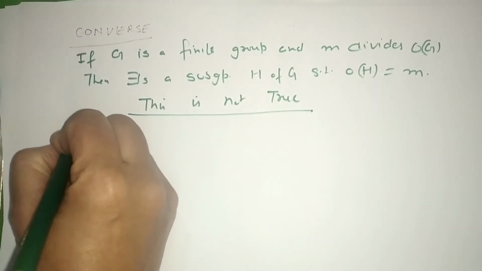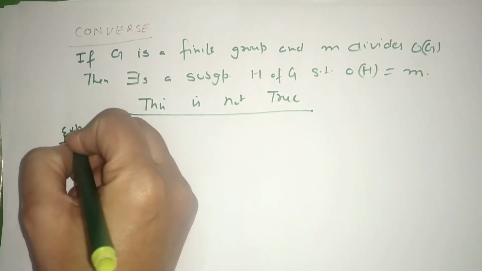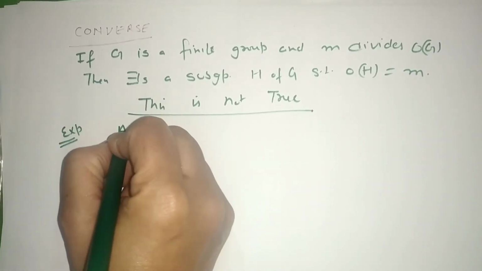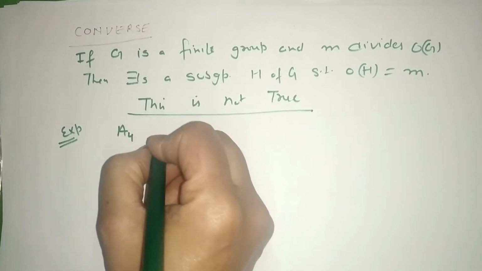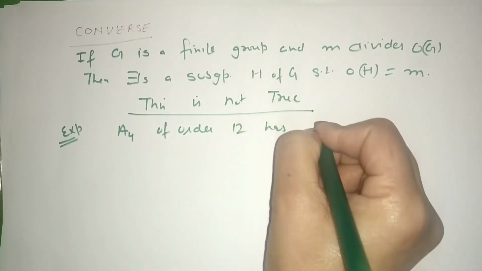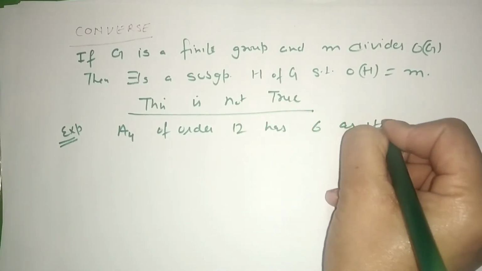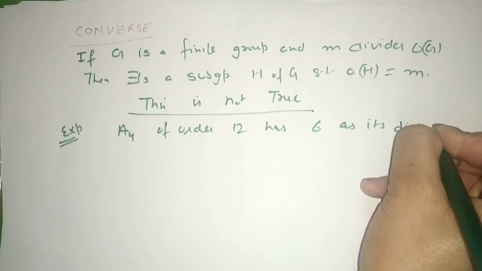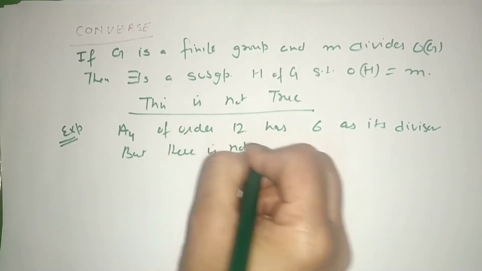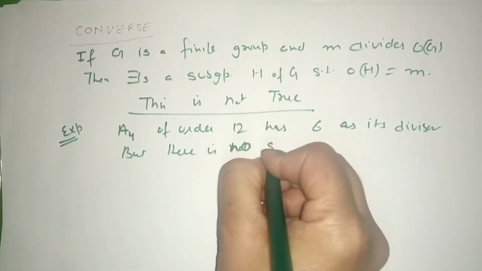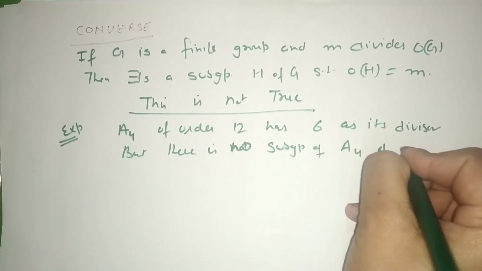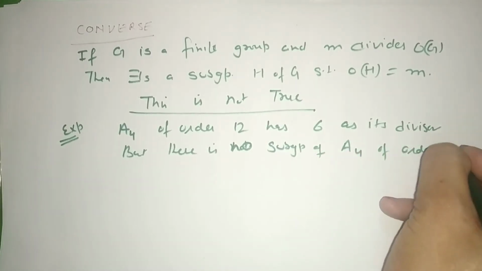For this, actually we will take examples at a later stage, but here you can mention that the alternating group A4 of order 12 has 6 as its divisor, but there is no subgroup of A4 of order 6.